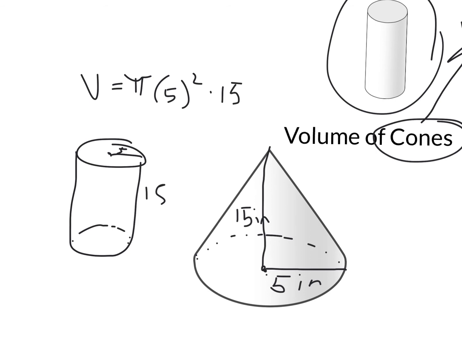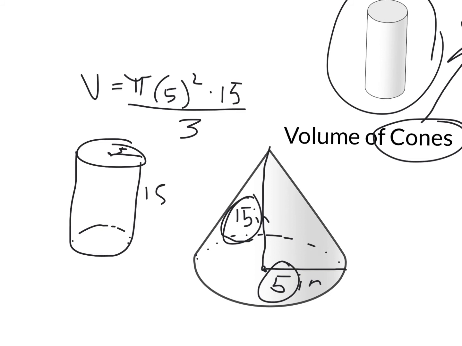Well, for our cone, we're going to do the same thing. This is pi times the radius, which is 5 squared, times the height, which is 15, and then it's 1/3 of that, or divided by 3. So let's calculate this one.